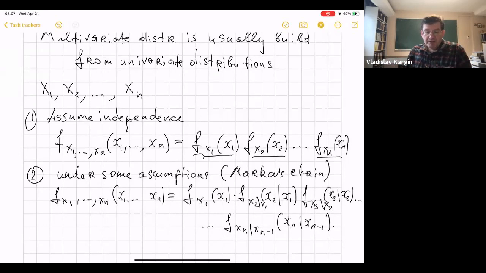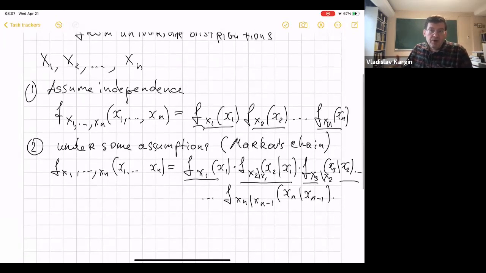Here it is a little more complicated, but it's also built as a product of several functions: not the marginal densities, but first a marginal, and after that the conditional densities. This is the usual way you model things in general, but there are some exceptions.